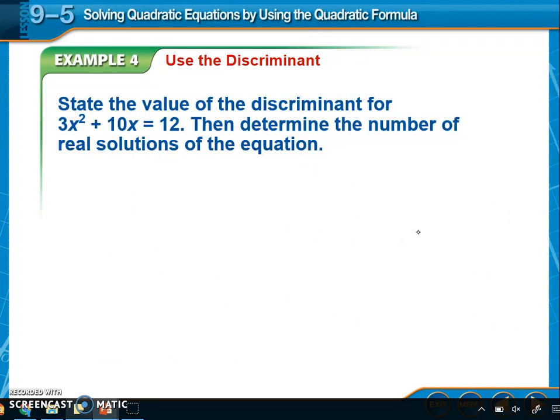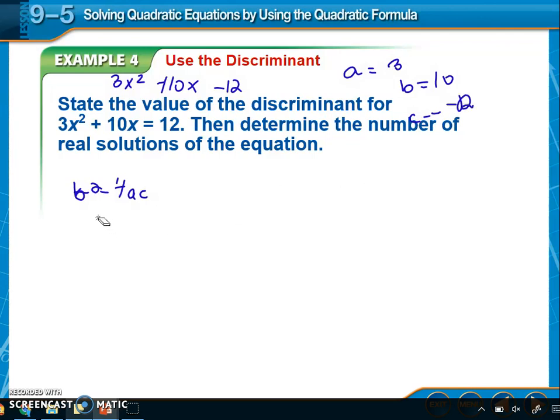So we want to determine the number of real solutions this graph has, which means I want to do b squared minus 4ac. That's my discriminant. So in order to do this, I need to get everything on one side. So I have 3x squared plus 10x minus 12. So that means my a is 3, my b is 10, and my c is negative 12.